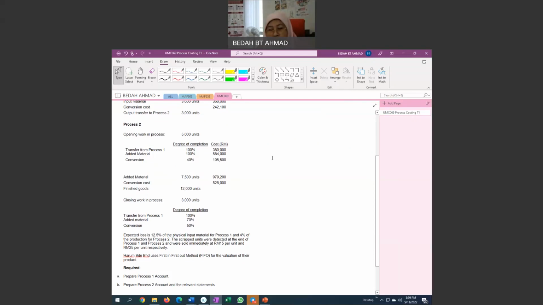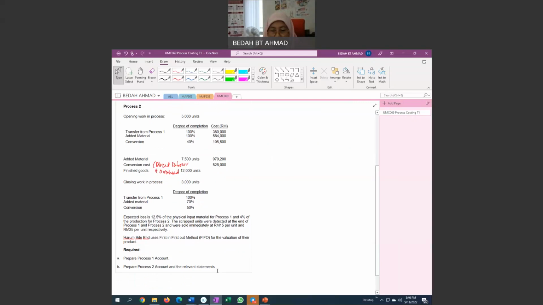Remember, conversion cost refers to direct labor and overhead. Then the closing work in progress and the degree of completion for the transfer from process 1.